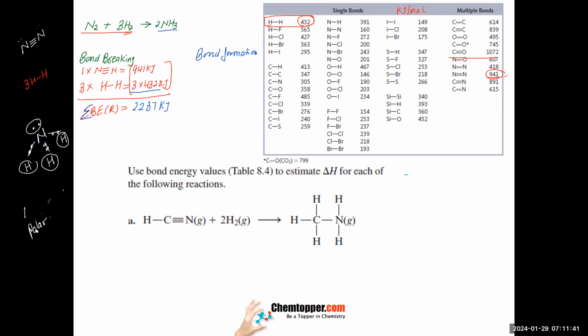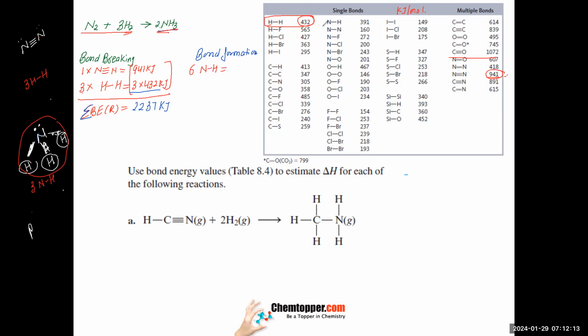So, how many bonds are forming? Sorry, it's a product. So, how many bonds are formed? What are the bonds which are formed? N-H, these. In one NH3, 3 N-H bonds in one molecule. And in 2 molecules, 6. So, can I say bond formation is 6 times N-H?